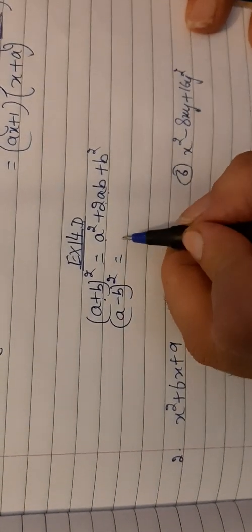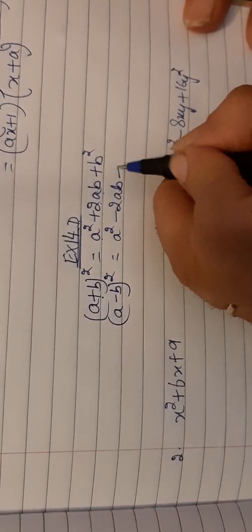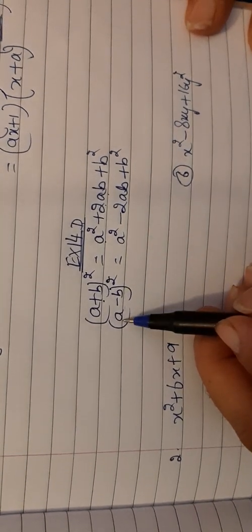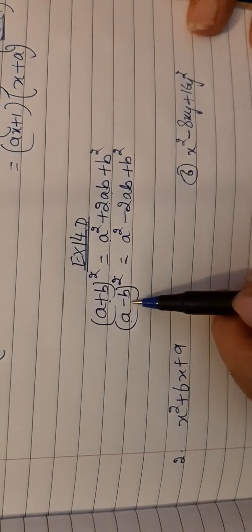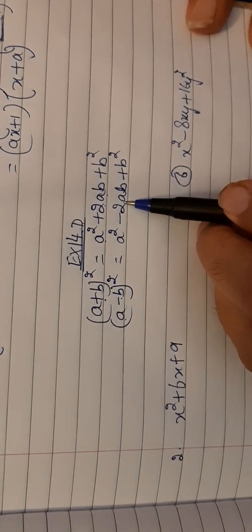And a minus b whole square, what is the product? a square minus 2ab plus b square. Left hand side was given to you in the algebraic identities, and you have found the right hand side. When you go from left hand side to right hand side, you are doing multiplication.